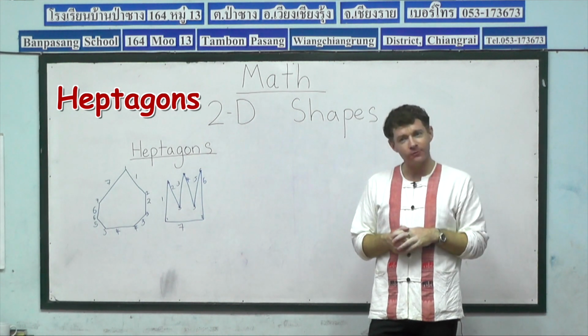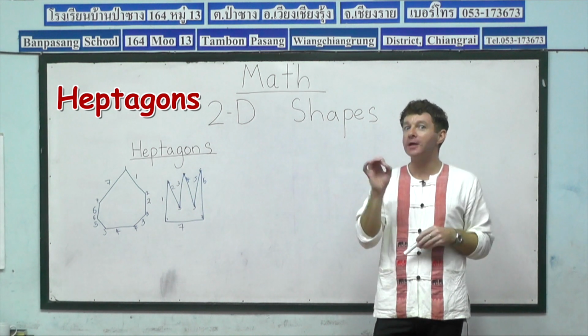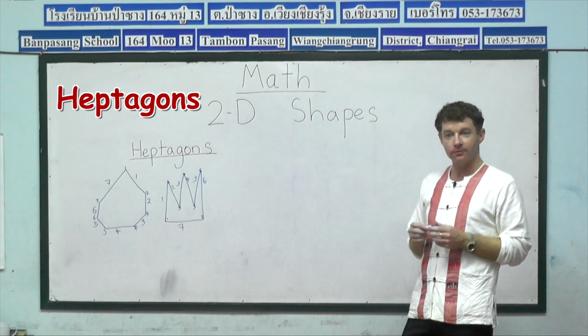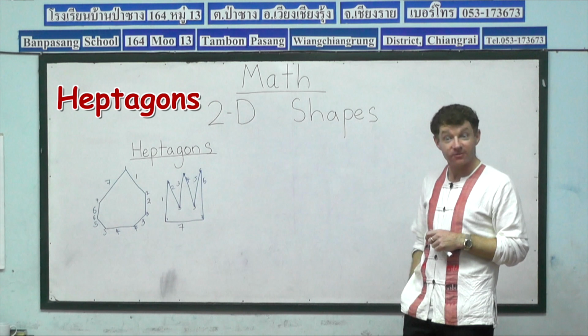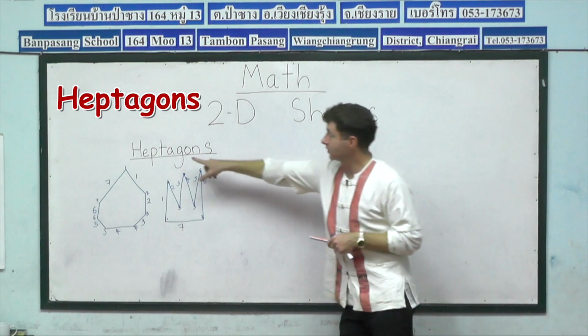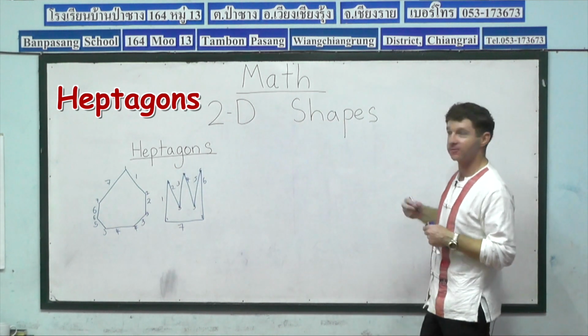Well done. How did you guess? So does anybody know what we call shapes that have 8 sides and 8 corners? Octagons, that's correct. Any ideas how we spell octagons? We have the agons now, so how do we spell oct?